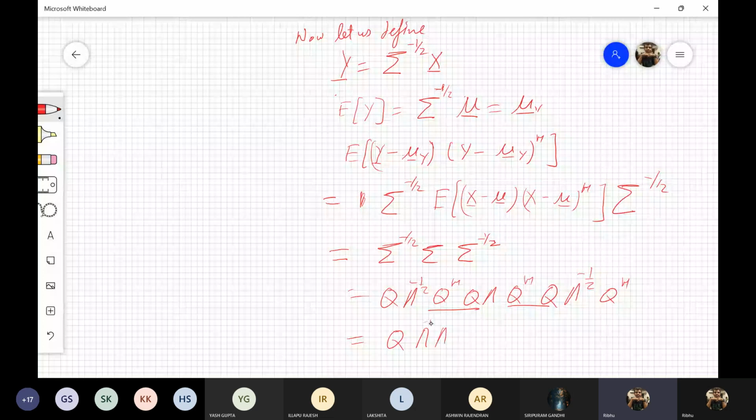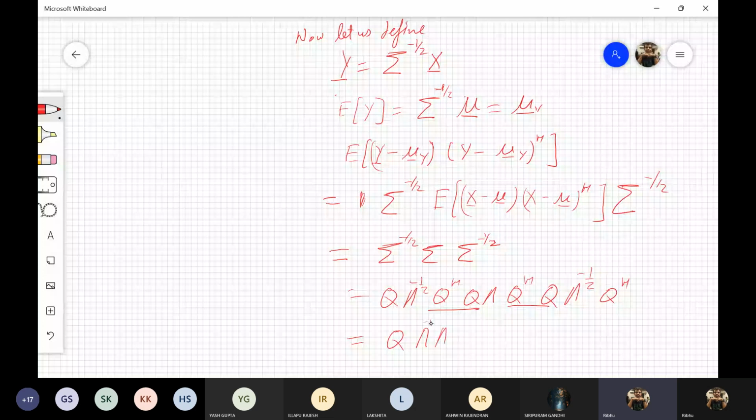So for a random vector having a covariance matrix which is non-identity, we can define a linear transformation that results in a covariance matrix that is identity.